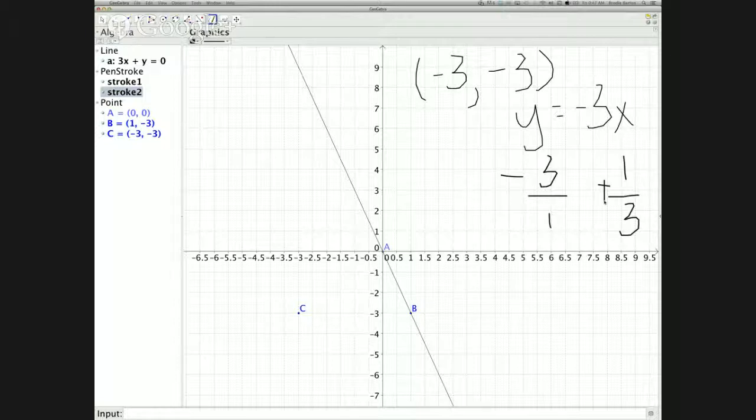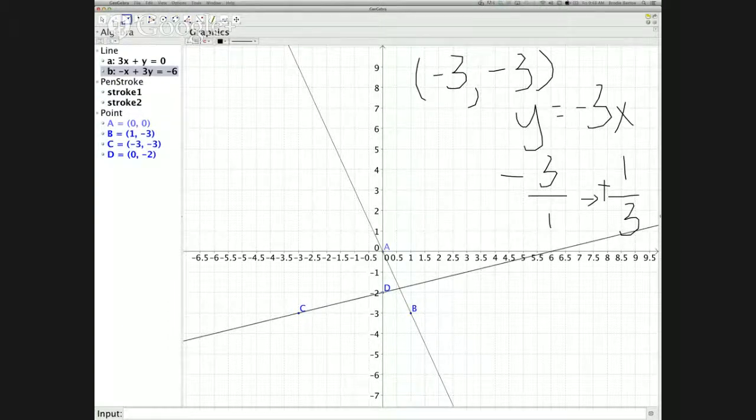It's that this one changes into that one to make it perpendicular. So I want to go up 1 over 3, up 1. Remember, be careful, I'm counting by halves. So that's 1, 2, 3. And that does not look perpendicular, does it? So I want to make sure that I didn't do anything incorrectly.